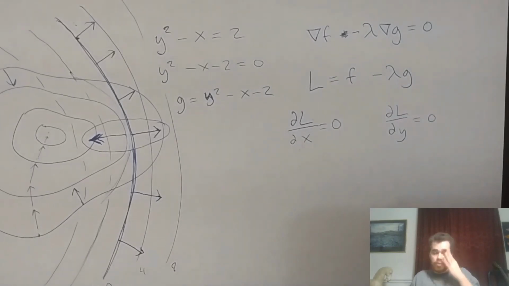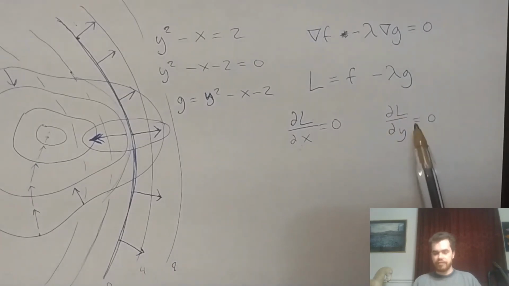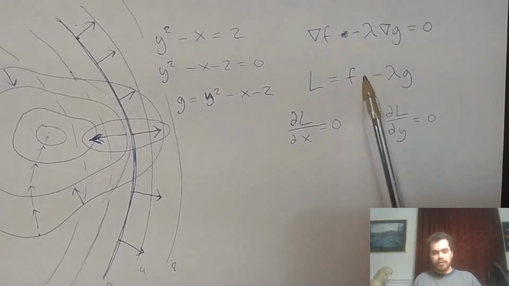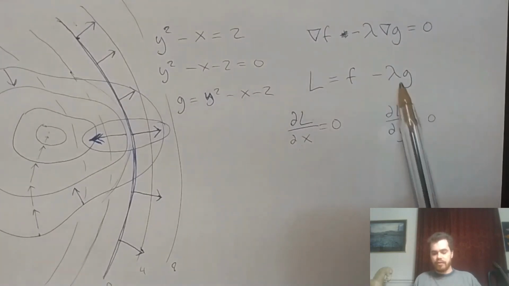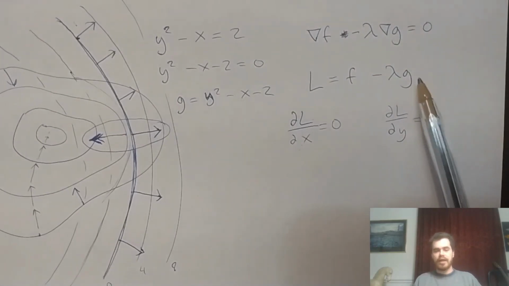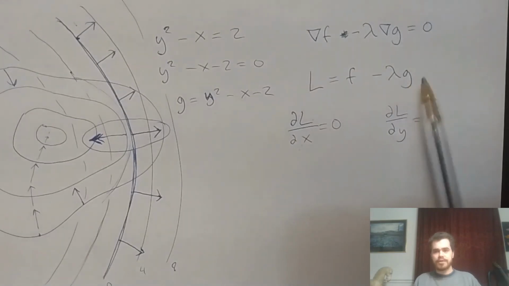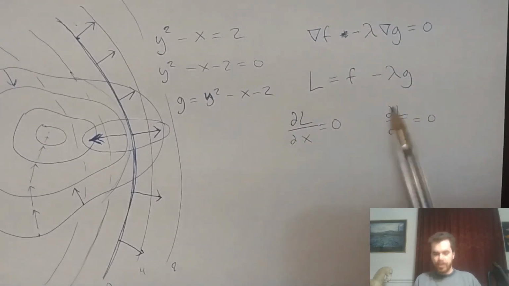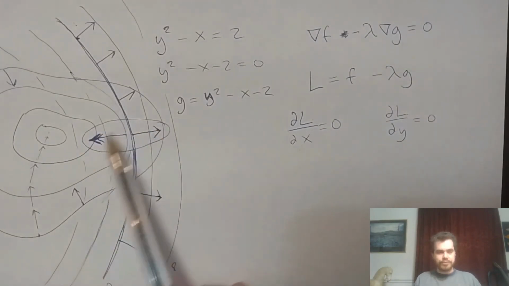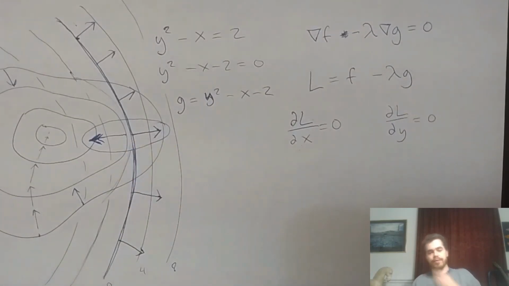They must be equal. And ditto, taking the partial derivative of the Lagrangian with respect to y. If that's the case, then the partial derivative of f must be the same magnitude and the same direction as the partial derivative of lambda times g. So this is a way of mathematically specifying that these two gradients are collinear at the maximum point.